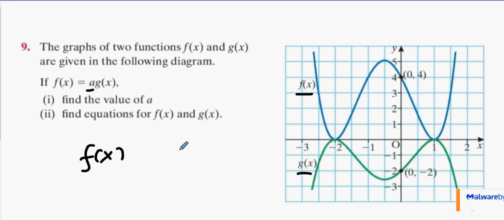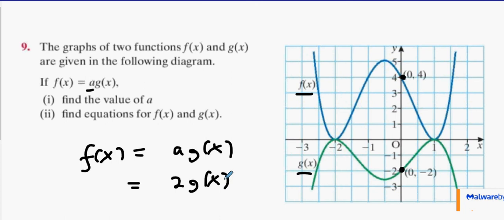If you have f of x, oh sorry, I'm wrong. It's g of x we're affecting. We're going to multiply g of x by something. g of x has intercepts 0, minus 2 and 0, 4. What does that tell you about f of x compared to g of x? It's twice as large.